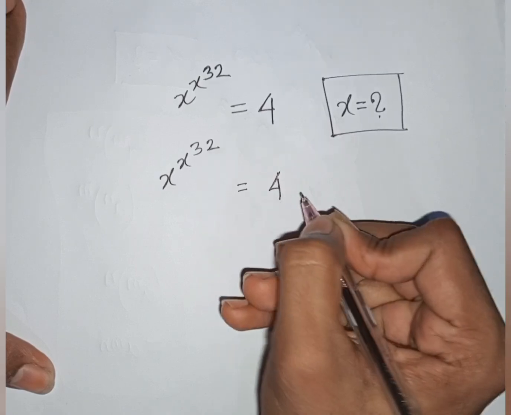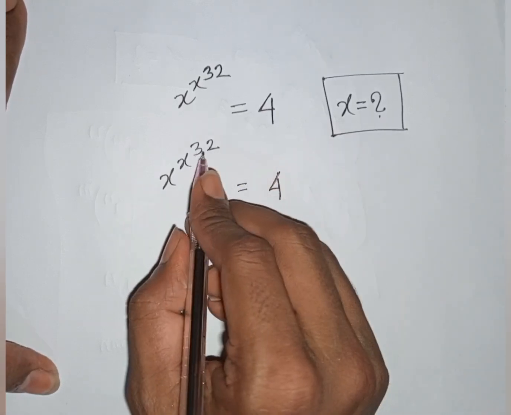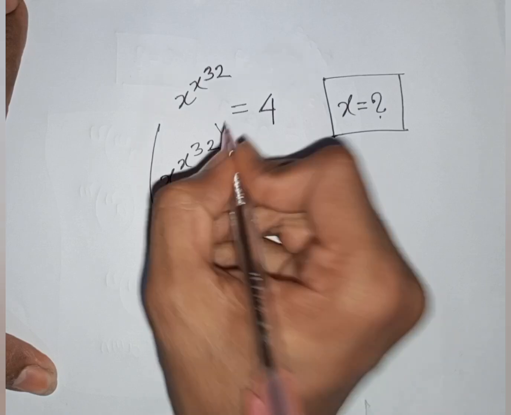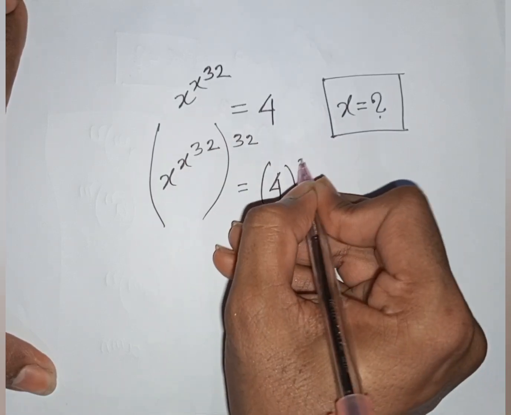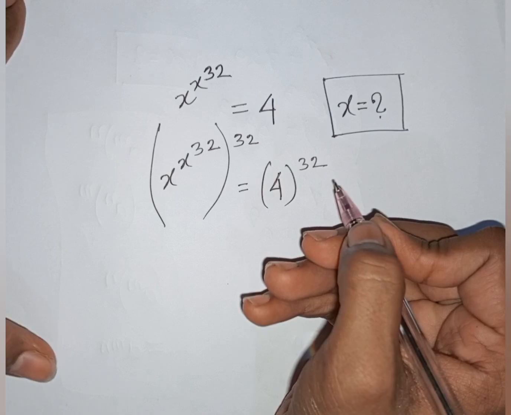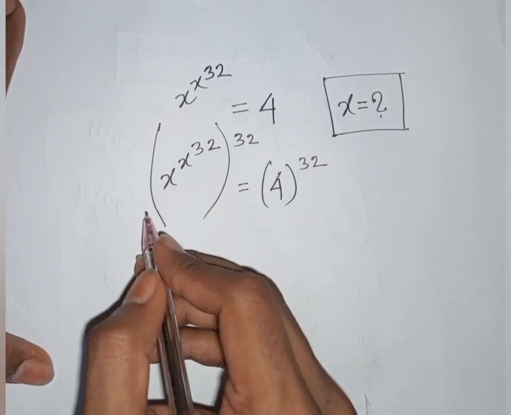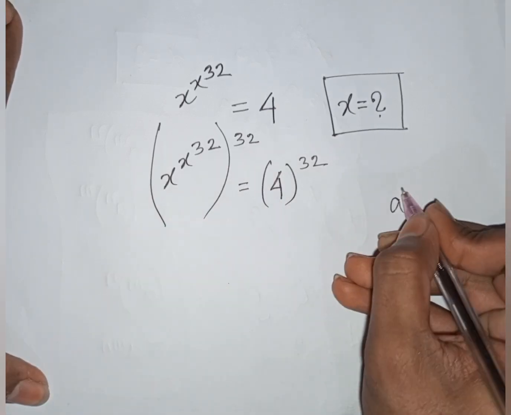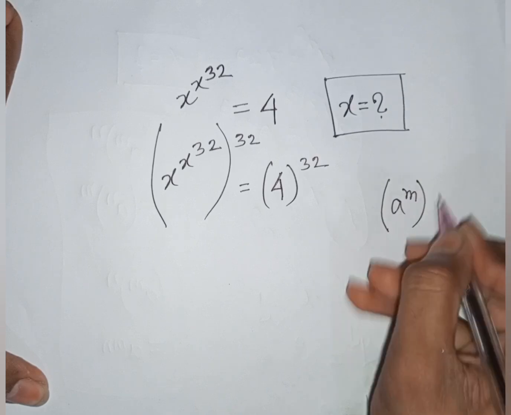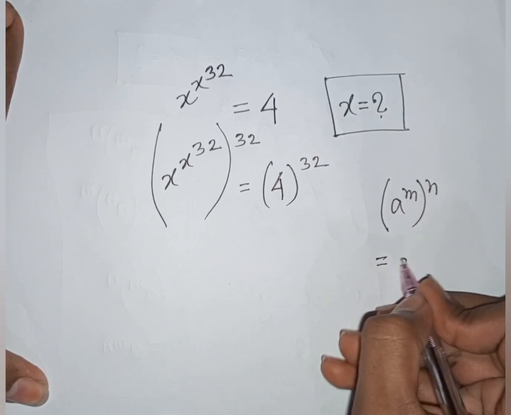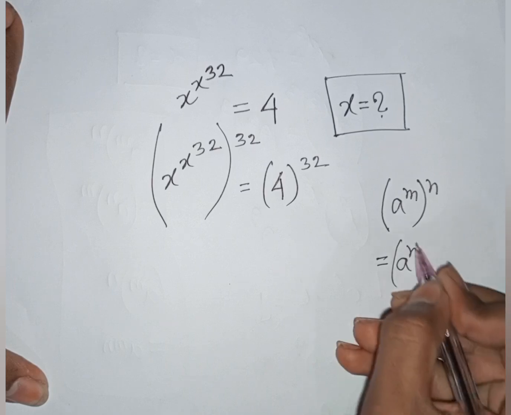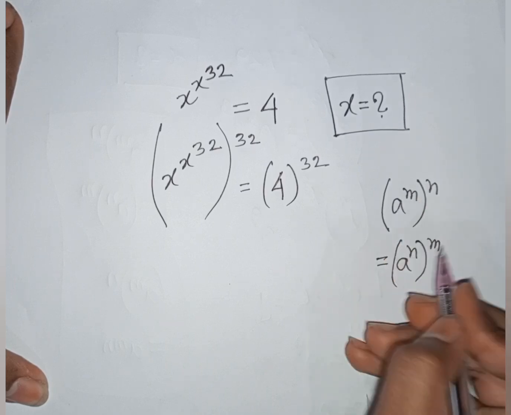Now we raise both sides to the power of 32. Here we can apply the exponential rule that (a^m)^n is equal to (a^n)^m.